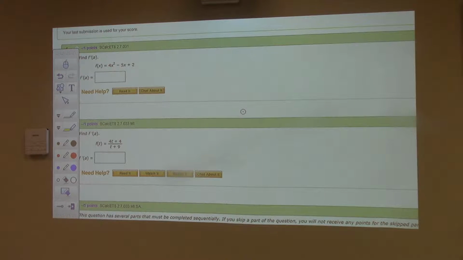The denominator is g of x, so it's got to be g of x times f prime of x minus f of x times g prime of x over g of x quantity squared. Now you know what it is.